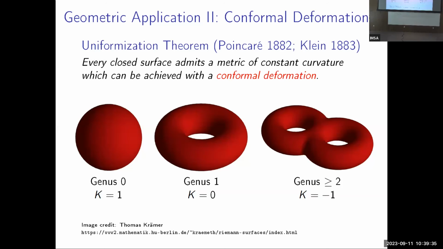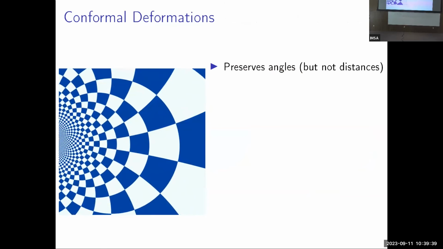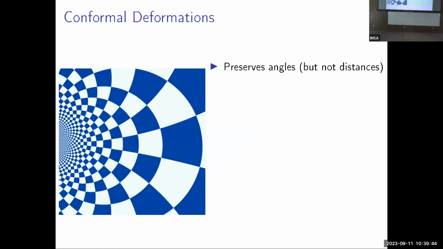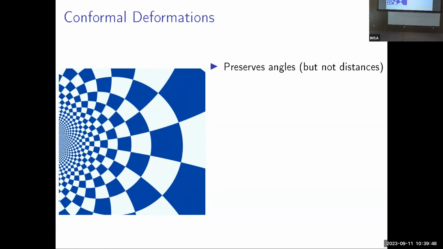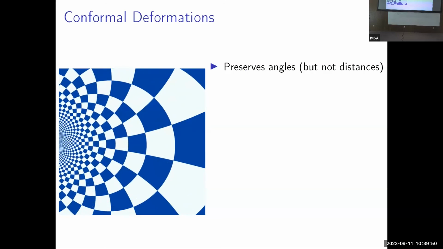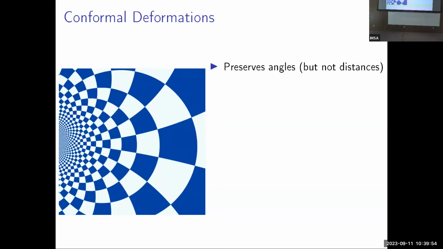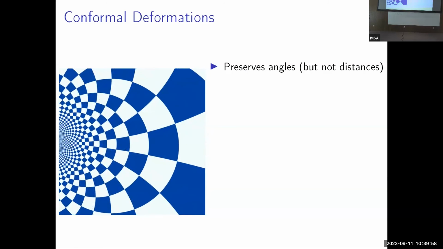This is what I was saying about conformal deformation. This is an example of a conformal deformation. A conformal deformation of a metric is a new metric which has different lengths but preserves the angles. So this is the kind of change that you can have when you apply a conformal change to your metric.